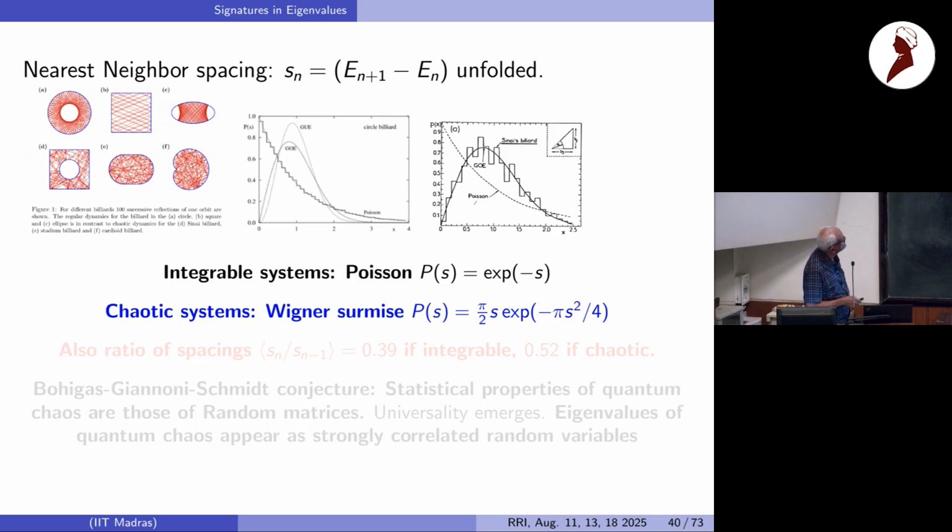Whereas if you do it for, actually it's written here, Sinai billiard, I think. Sinai billiard, which is this billiard here, you do a symmetry reduction of this, and that is this. You look at it as if there are appropriate boundary conditions on the small sector of this, and then you calculate the energy eigenvalues. Then you find that the spacings have a very different distribution like this as opposed to this.